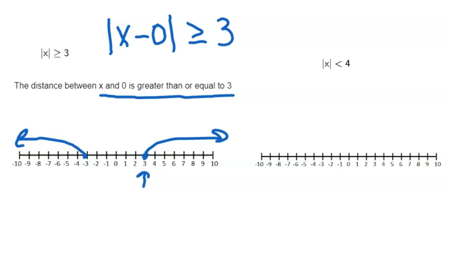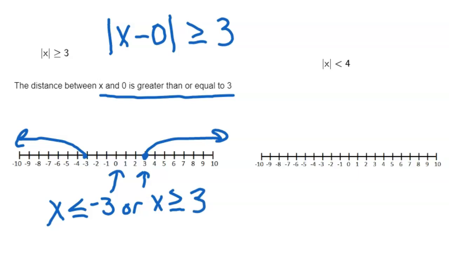So the distance from 0, because here's 0, is more than 3 away in both directions. So you've really got two answers here. So either x is less than or equal to negative 3, or x is greater than or equal to positive 3. And that's how I would look at this.